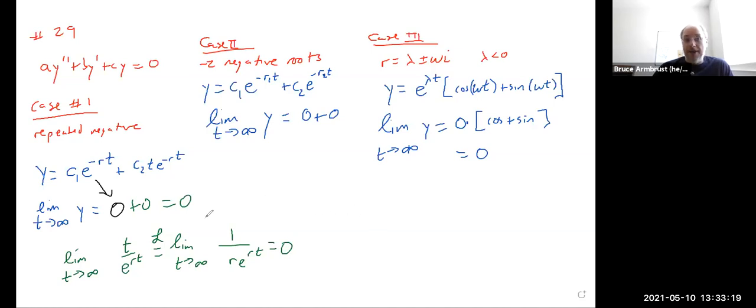So now I think we're good. We had the repeated and then the negative real parts. It could just be 2 negative real numbers, or 2 complex numbers with negative real parts.